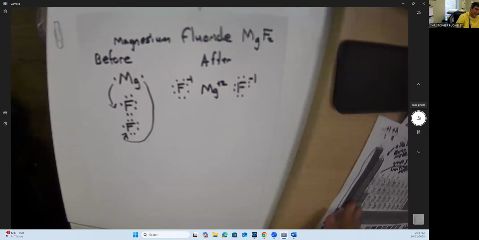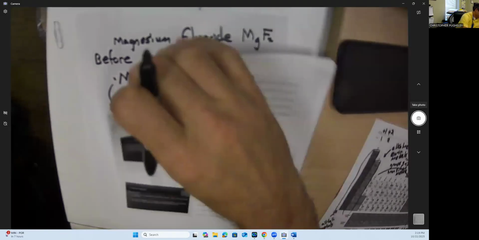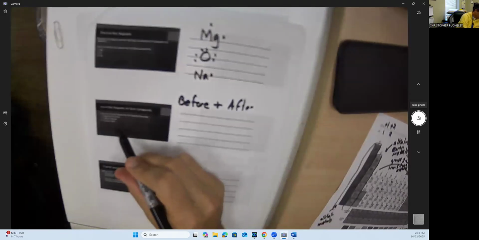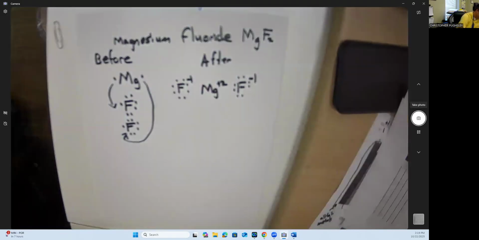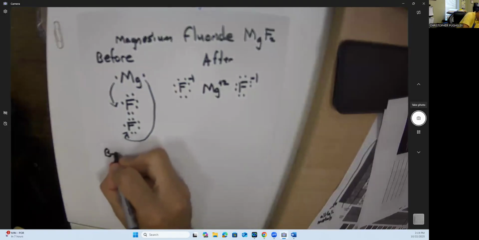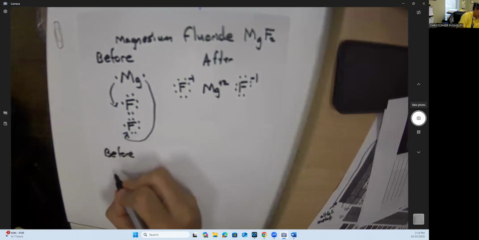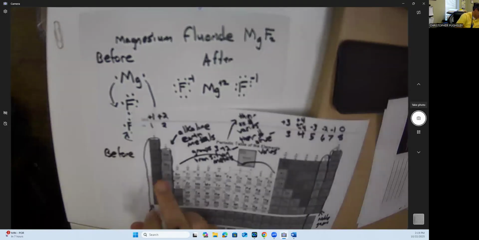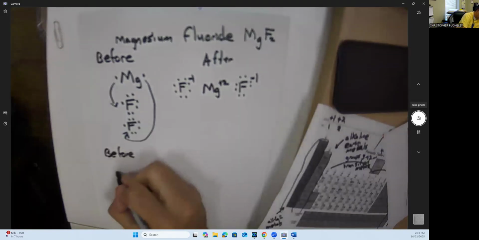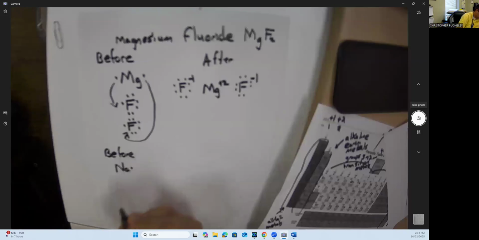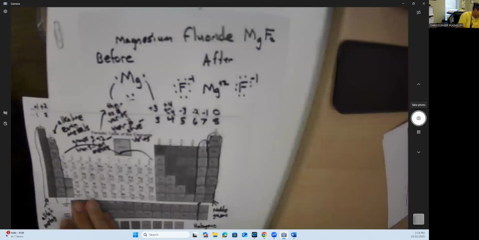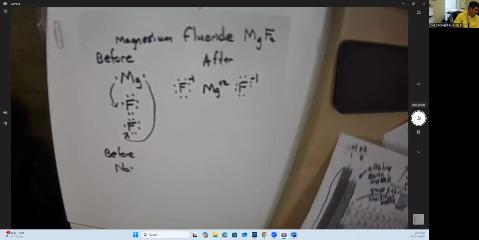Let's do another one. We are going to do sodium chloride before. Sodium is in group 1, Na, 1 dot. Chlorine is in group 7, and it's got 7 dots.